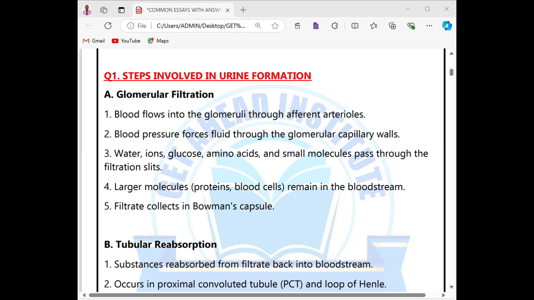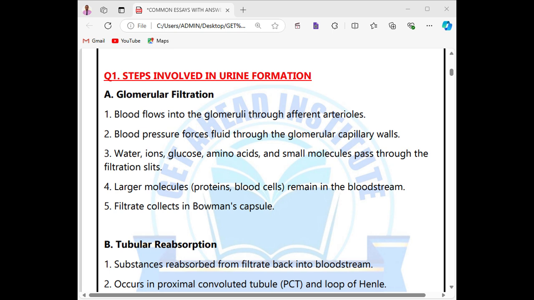We have what we call glomerular filtration, then we have what we call tubular reabsorption, and then we also have what we call tubular secretion, and then other books or other literature will also add excretion. Okay, so excretion is just the end product, that is after urine has already been formed. That is where excretion now comes in, where you're now expelling the urine which has been formed.